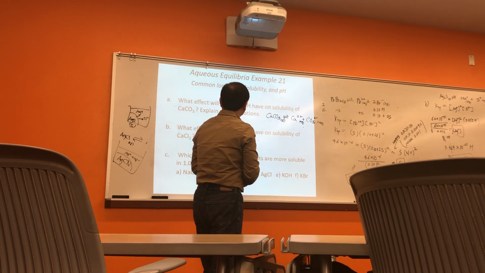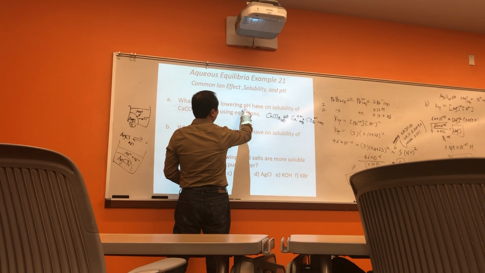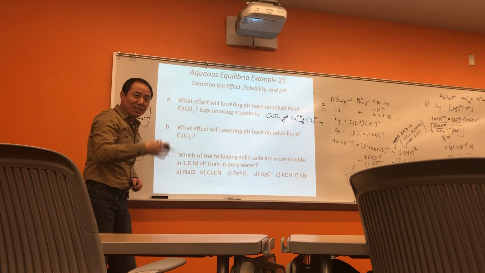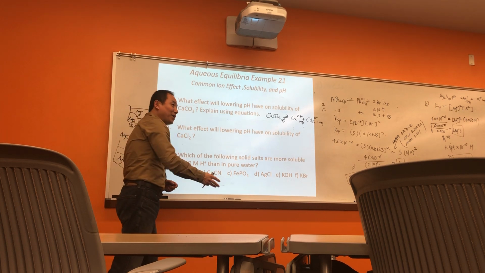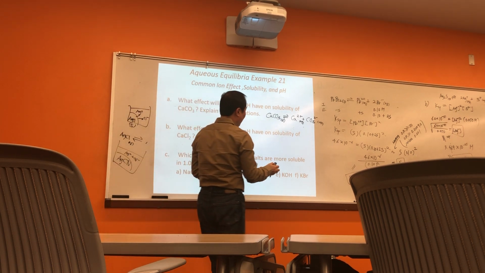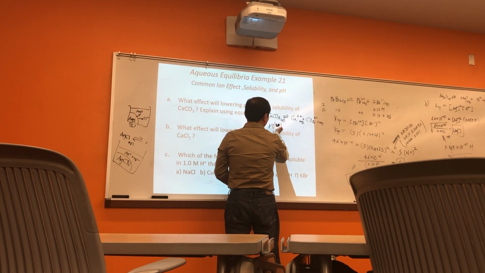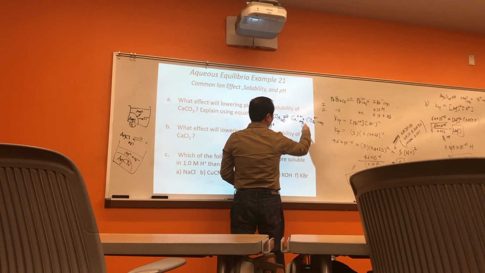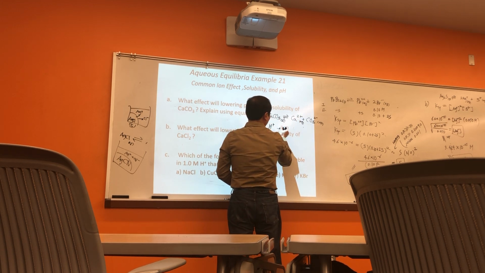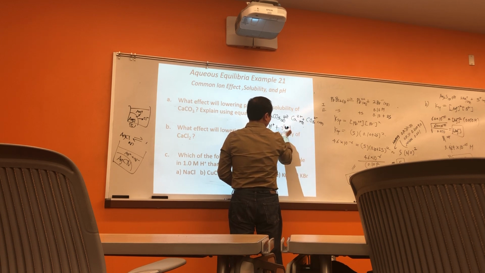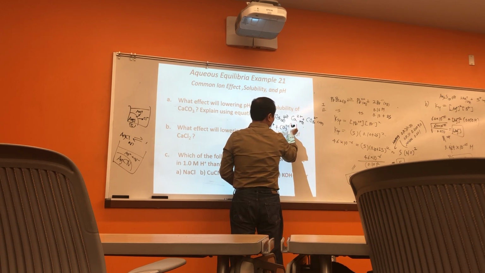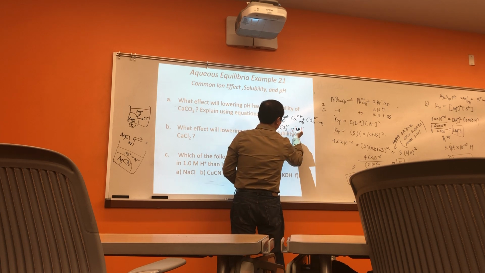Okay? So if you lower pH, it means increasing hydrogen ion concentration, which means you are adding acid. If you add acid, it does not react with calcium, but it will react with carbonate.